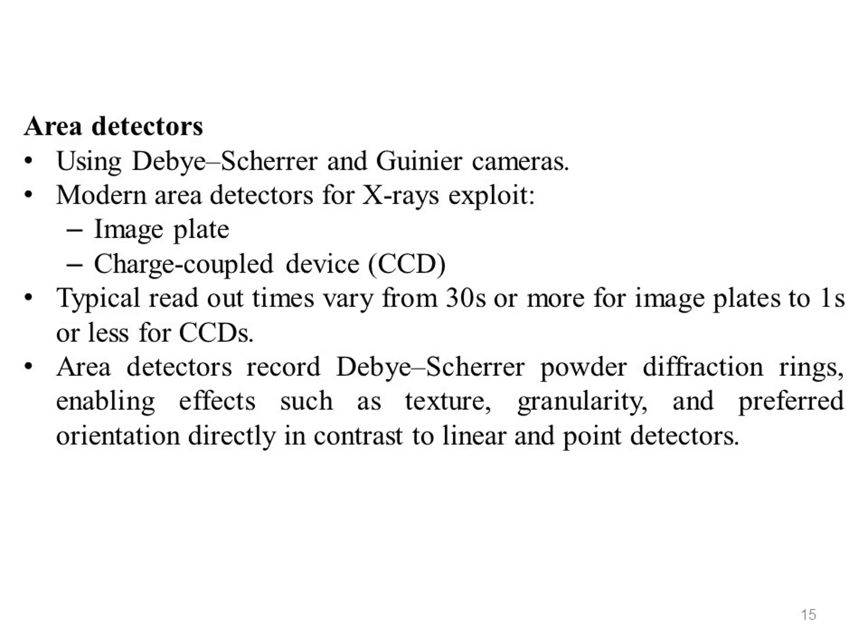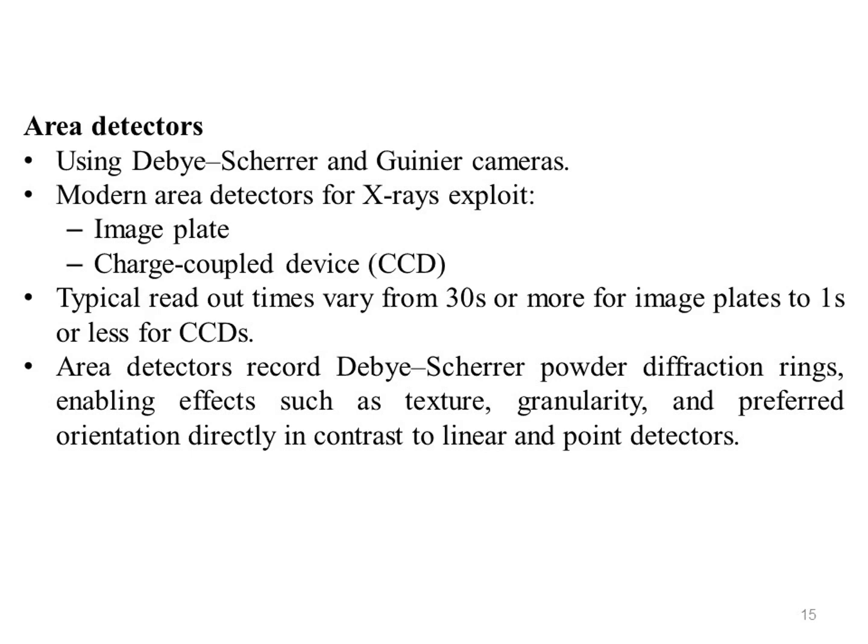Now, area detectors. Historically, area detectors in the form of photographic X-ray film were the principal method for recording powder diffraction patterns, for example using Debye and Guinier cameras. Modern area detectors for X-rays exploit image plate and charge coupled device (CCD) technology.